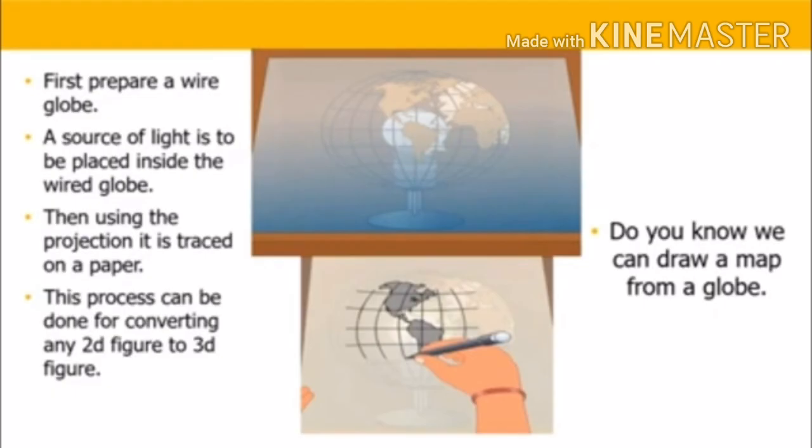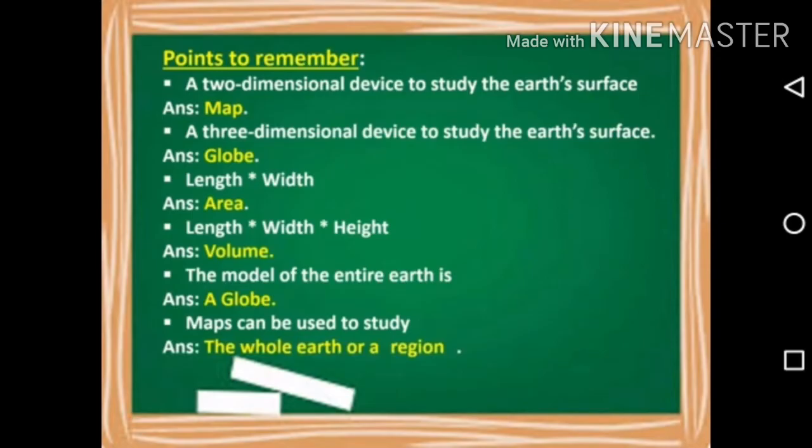On page number 17, the last one is, do you know? Here a three-dimensional globe is drawn. So here I gave it in points. You can draw it. I hope you understand this lesson. There are short points to remember: a two-dimensional device to study the earth's surface, that is map.